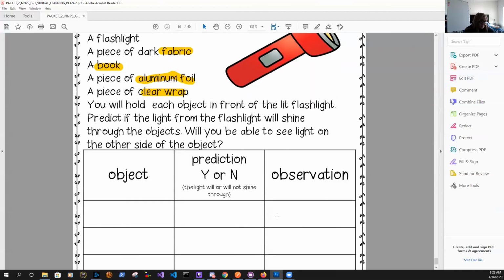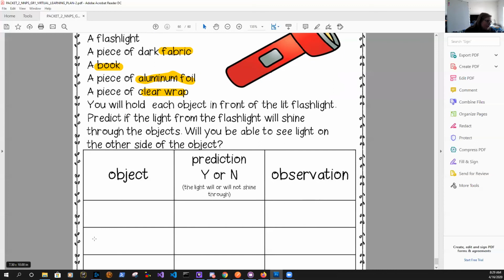So once you do the experiment where it says observation in that box, you need to write what happened. The light went through, the light did not shine through. Tell us what happened. It's not both. Either the light shined through the object or it did not. And you need to write that in the observation box.